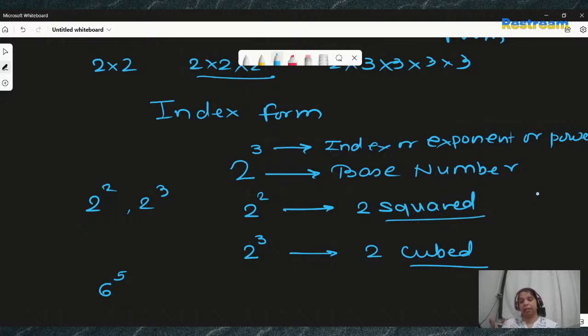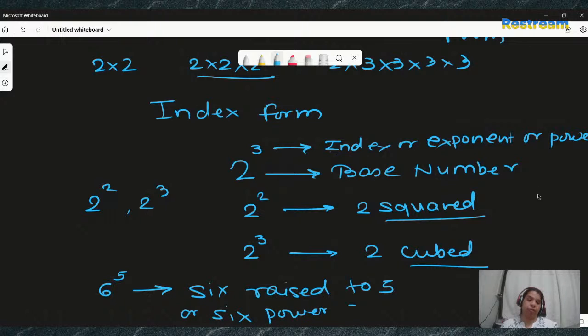Okay, 6 and there is a little 5 on top of it. You say it as 6 raised to 5 or 6 power 5. Both are same, both mean that 6 is multiplied to itself 5 times.